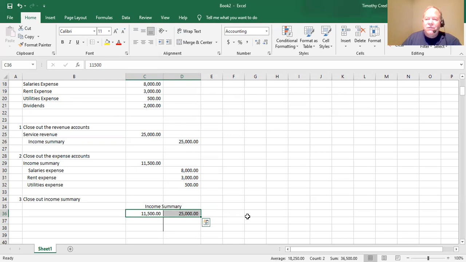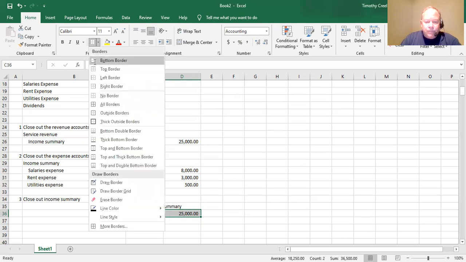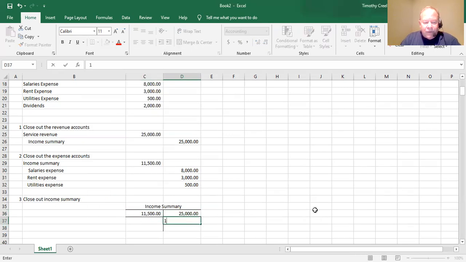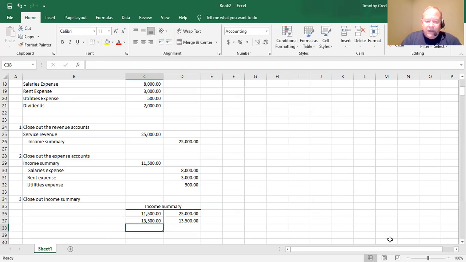Larger side minus the smaller side gives you your larger side balance. So based on this information, we would have a $13,500 credit balance in that account. So if we wanted to close it out to 0, we would need to debit income summary for $13,500 in order to close it out to a 0 balance.